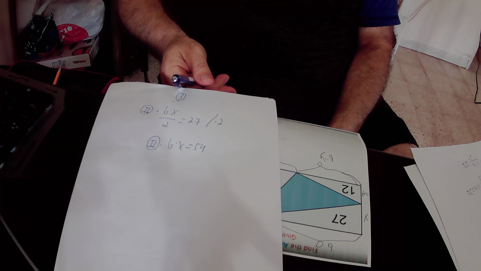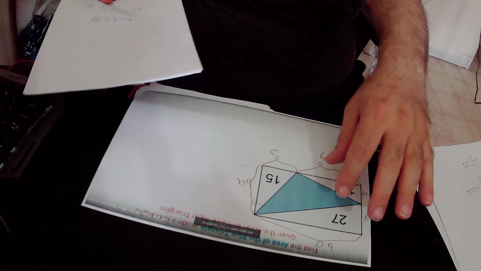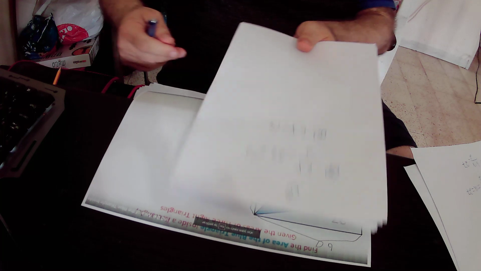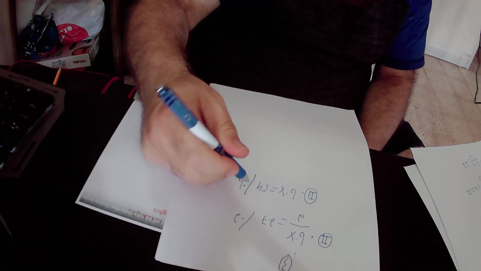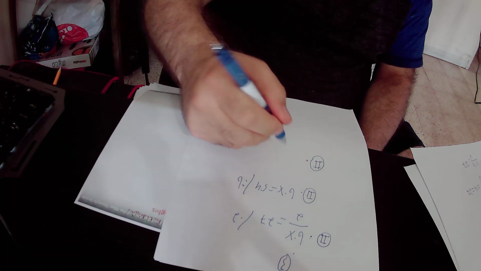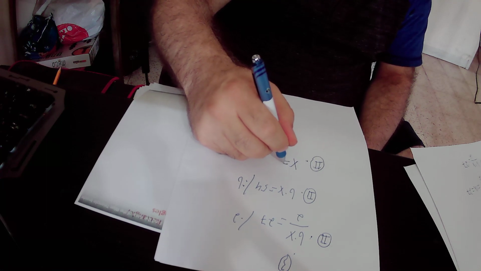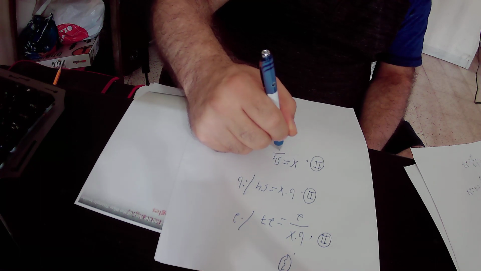Now we can divide both sides of the equation by b, because b can never be 0. b is the length of this rectangle, so it can never be 0. So we can divide both sides of the equation by b. So we will get that x equals 54 over b.